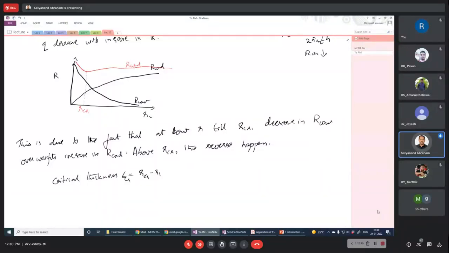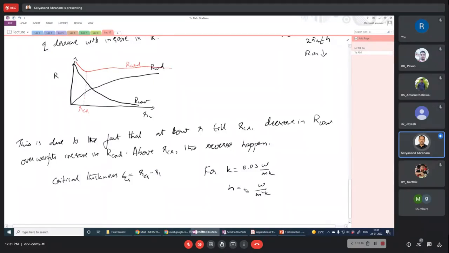For insulation materials, the conductivity is usually somewhere around 0.03 watt per meter Kelvin. And outside, we usually have a heat transfer coefficient of 5 watt per meter square Kelvin, or even 10.